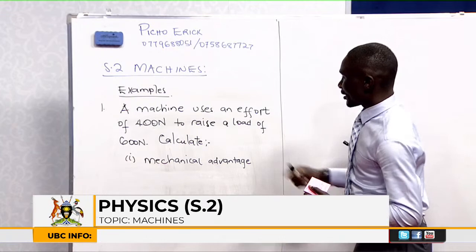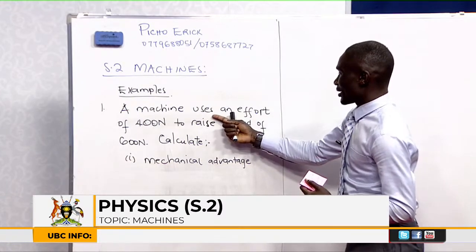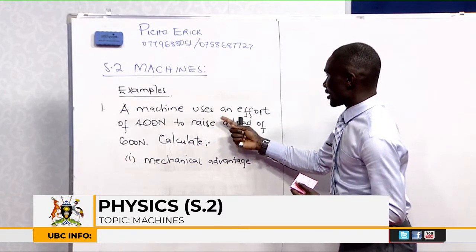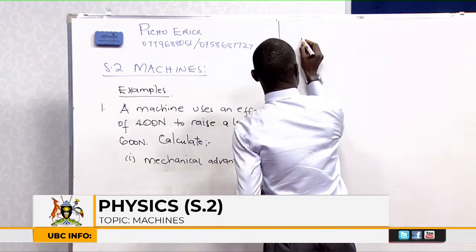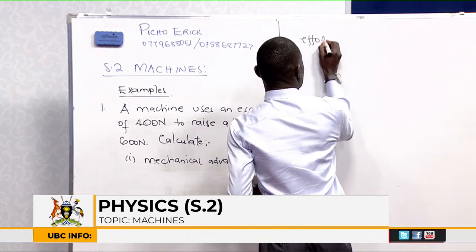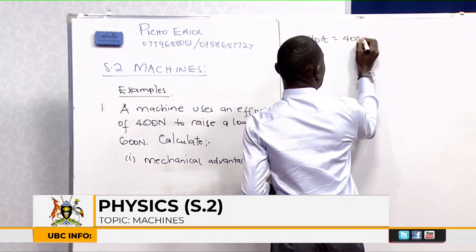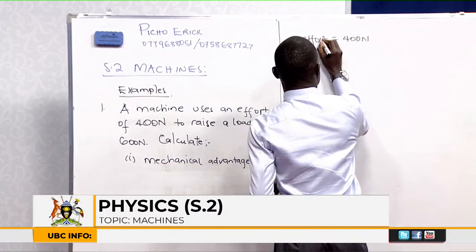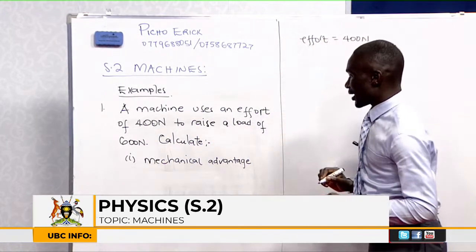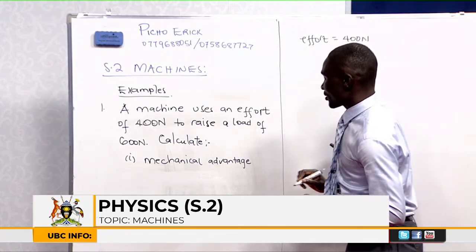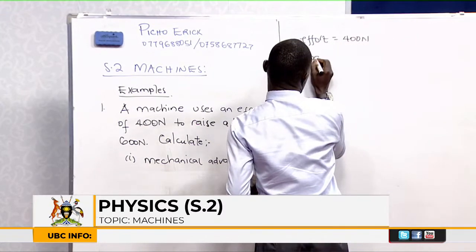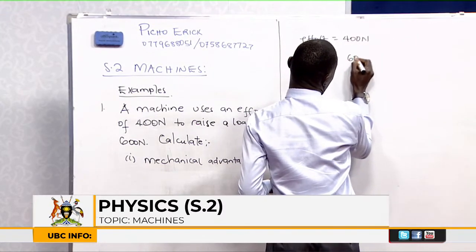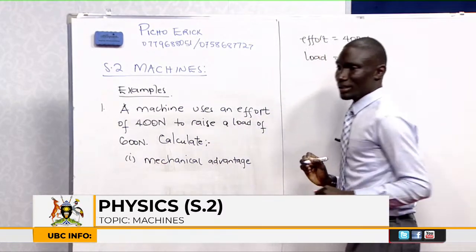Okay? So read the information, be able to pick out what they've given. From here, this machine uses an effort of 400 Newton. So straight away they've given us effort is 400 Newton. Then this machine uses that effort to raise a load of 600 Newton. So we have the load is 600 Newton.